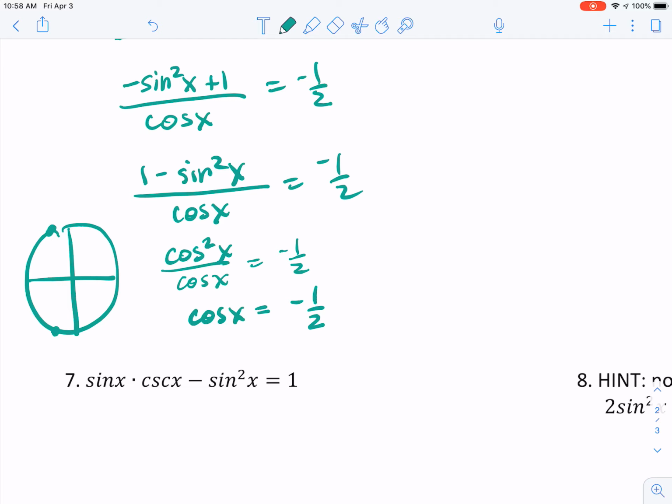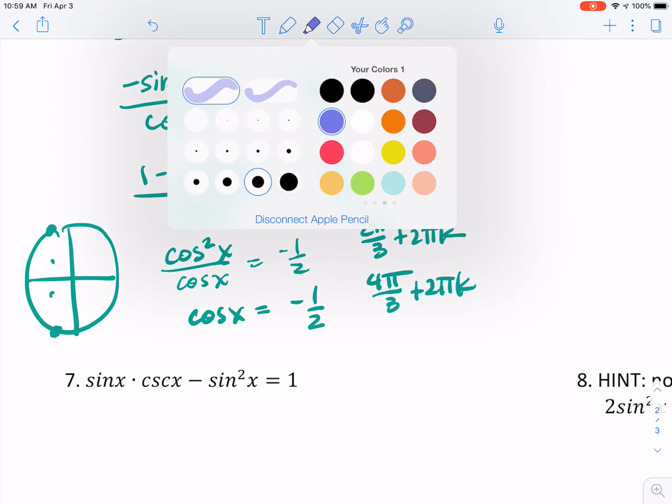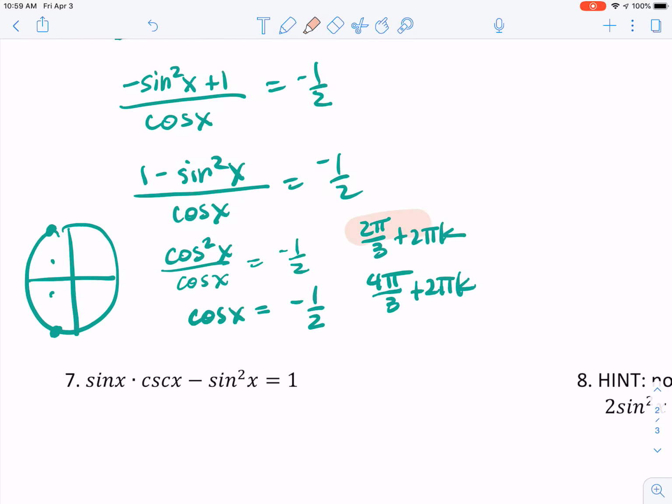Cosine is negative 1/2 here and here. Cosine is negative in quadrants 2 and 3, and it's these two coordinates, which are 2 pi over 3 plus 2 pi k, because it said all, and then 4 pi over 3 plus 2 pi k. Okay, and that's that one.